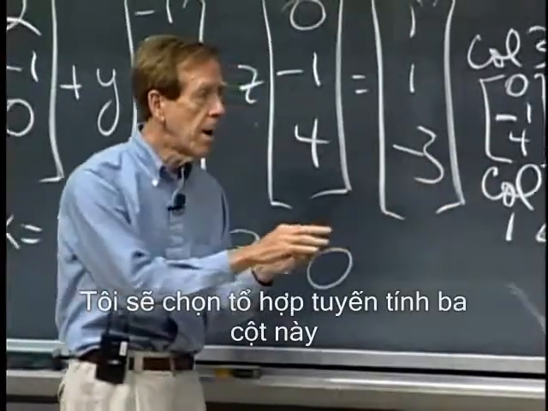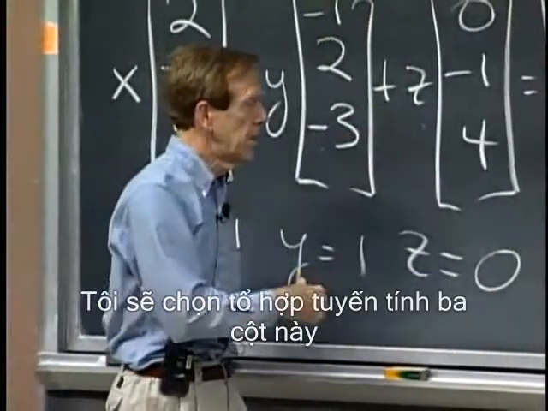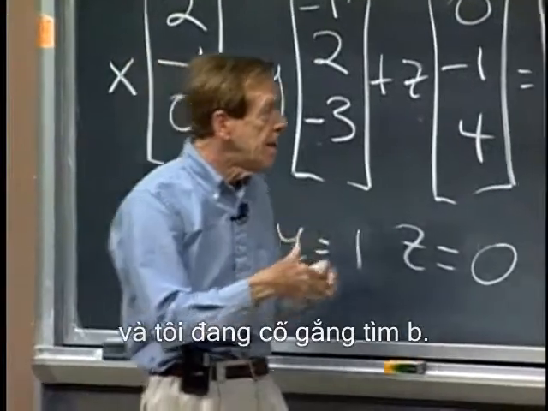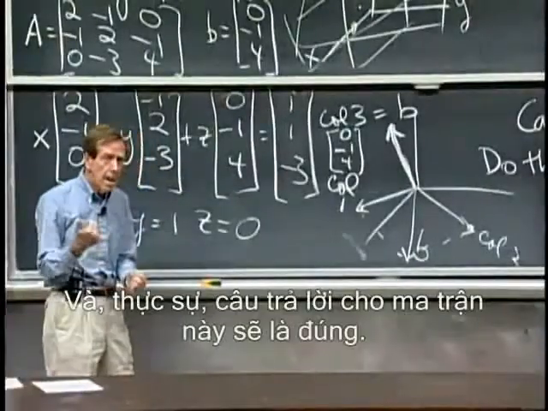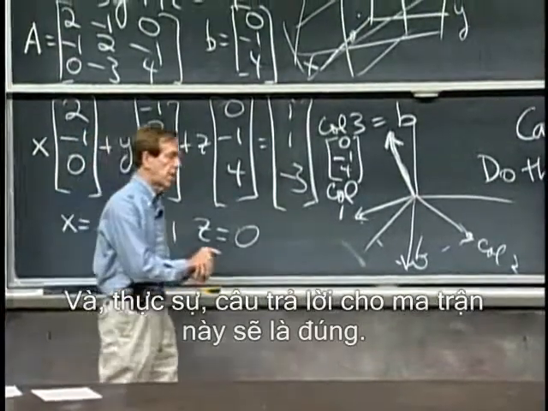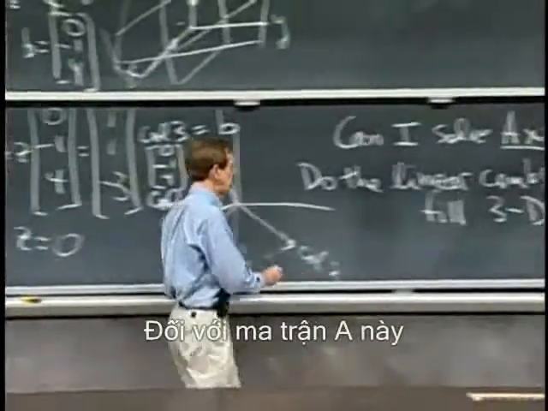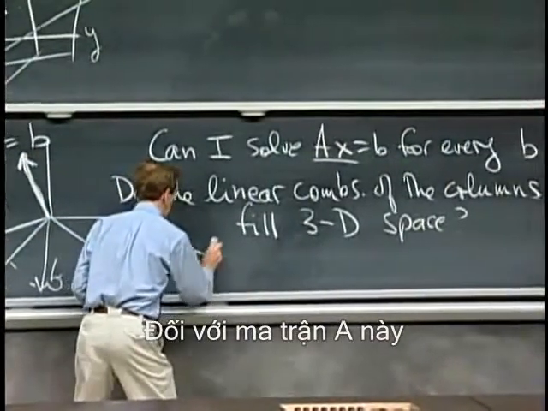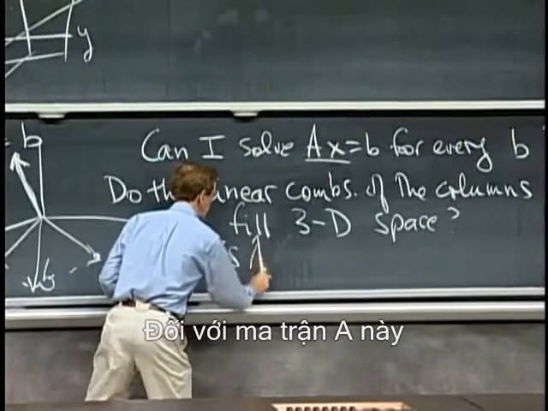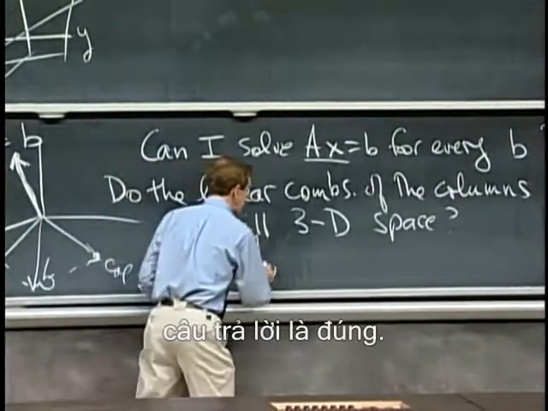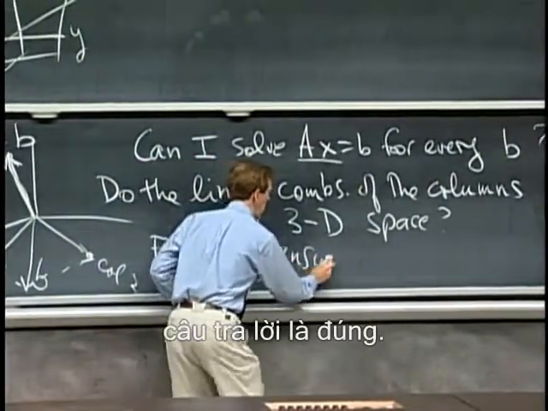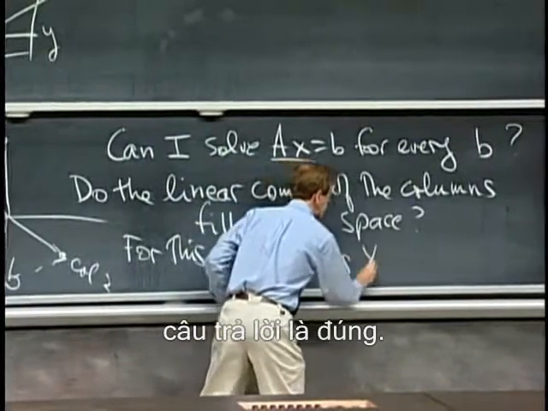I'm taking linear combinations of these three columns, and I'm trying to find B. And actually, the answer for this matrix will be yes. For this matrix A, for these columns, the answer is yes.